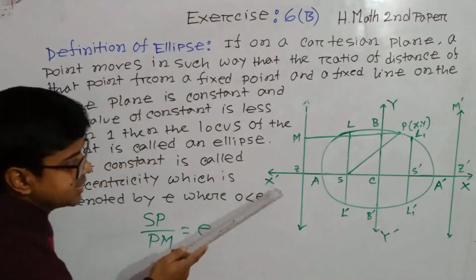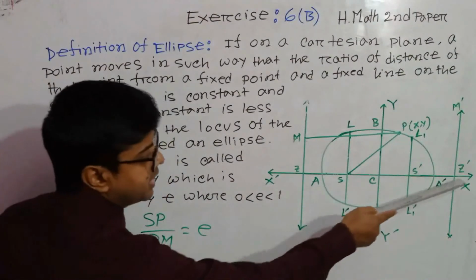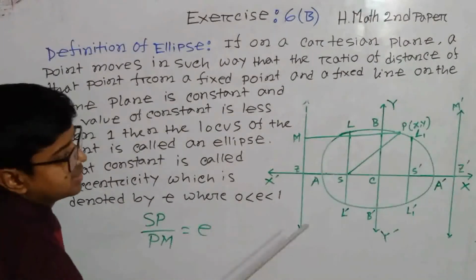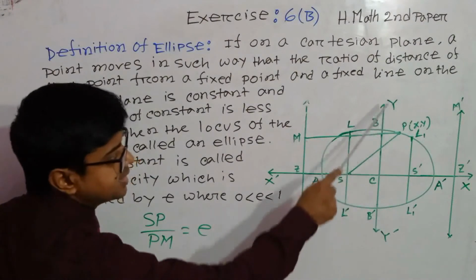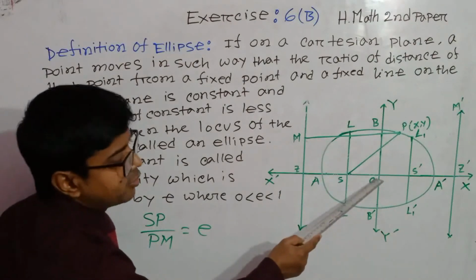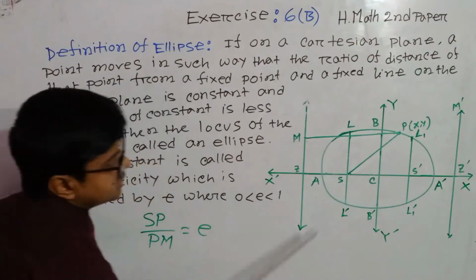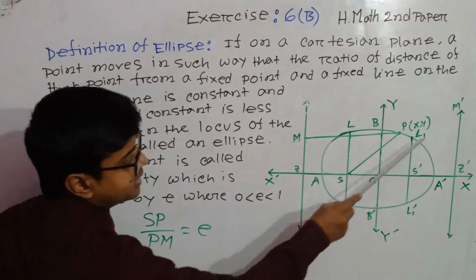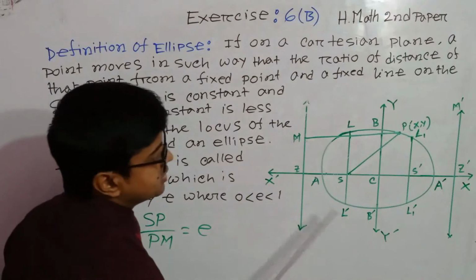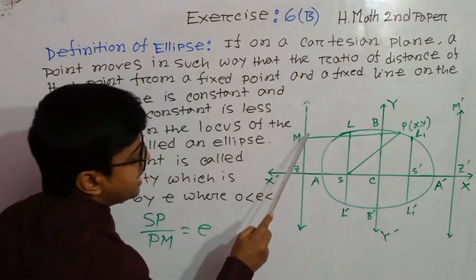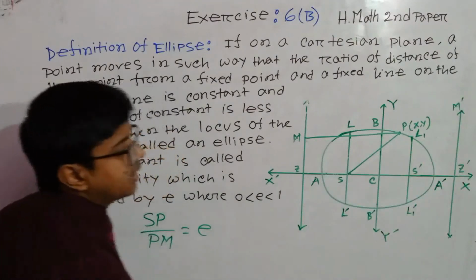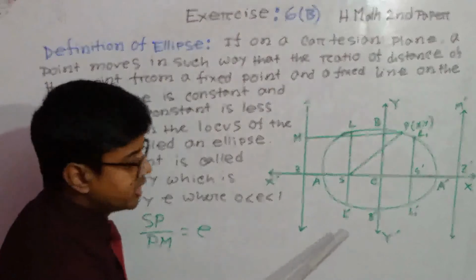Here X prime X, this horizontal line, is the major axis, and this vertical line Y prime Y is the minor axis. Here L L prime and L1 L1 prime are the latus rectum, and MZ and M prime Z prime are the directrices of the ellipse.